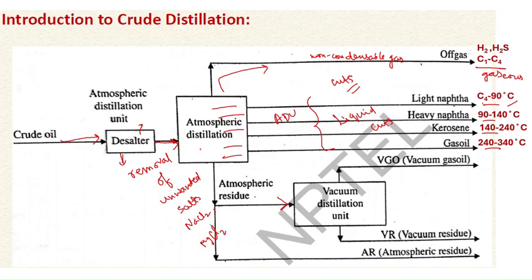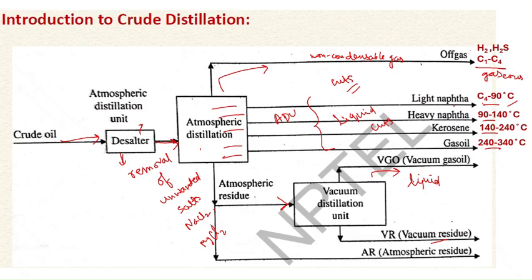Further, this atmospheric residue will be processed under vacuum in the vacuum distillation unit, and we will get vacuum gas oil as the side cut, that is the liquid portion. Then from the bottom, the portion which cannot be processed further in the vacuum distillation unit will be taken out as the vacuum residue.